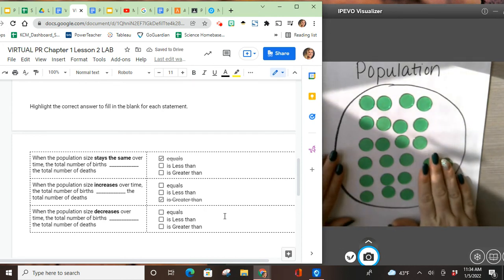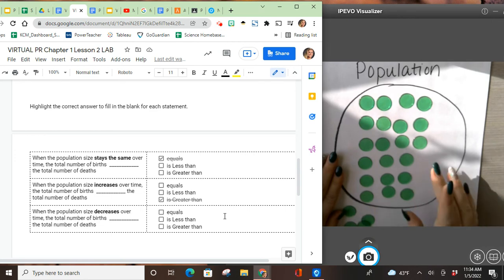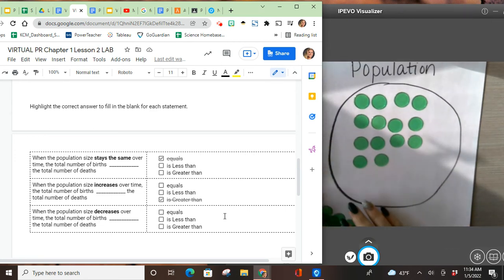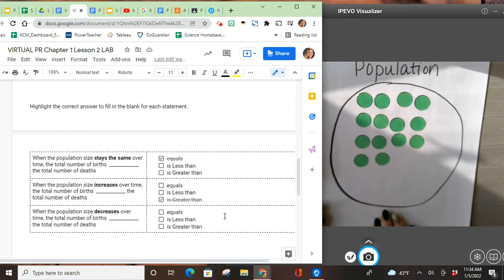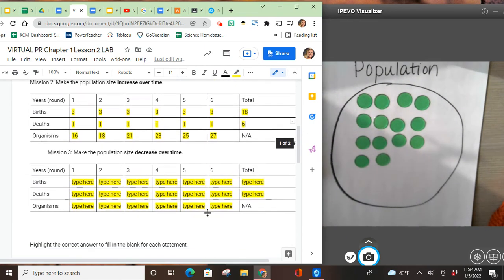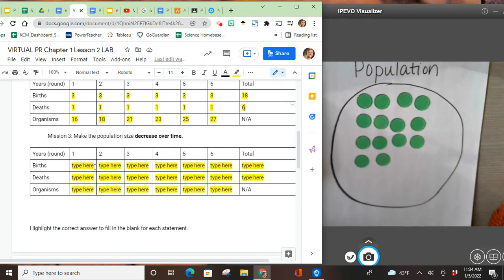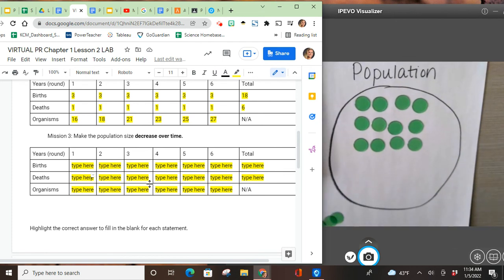Okay, we're going to reset back to 14. 4, 8, 12, 14. Okay, and now to do our death. This time I'm not going to track it at all. I want you to track on the graph on your own and do your calculations. Okay, so we're going to have 1 birth the first year and 3 deaths.